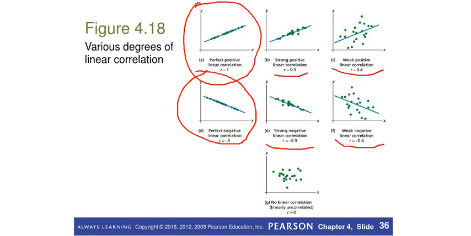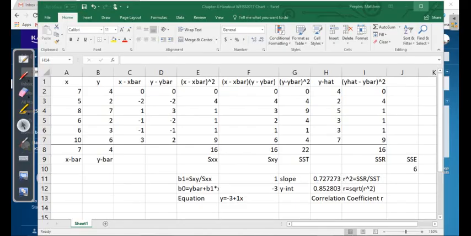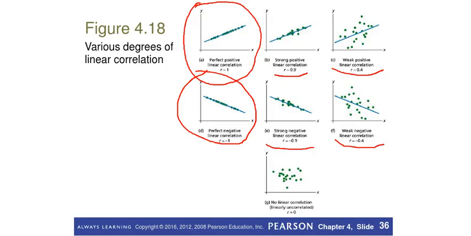But if we go back to our happy mood versus sleep, we see 0.85, that's actually a pretty strong correlation. According to our data, admittedly a very small data set, it looks like our correlation is pretty close, which is pretty good.